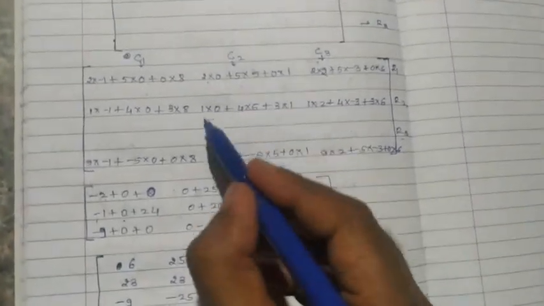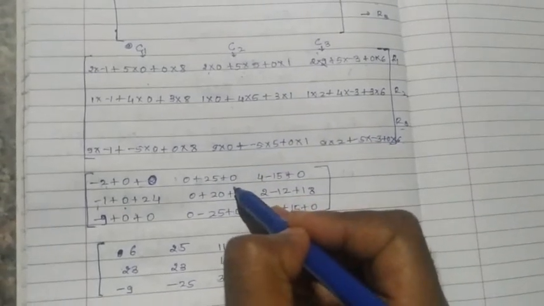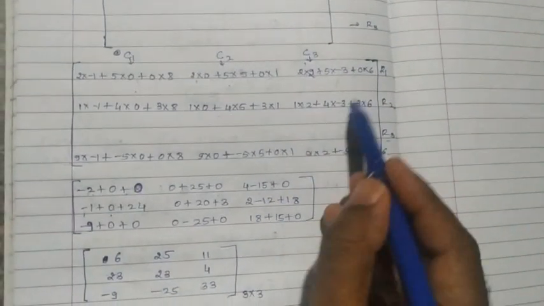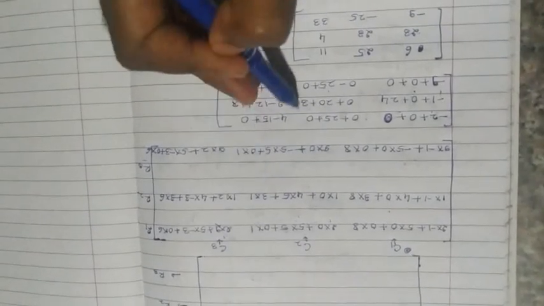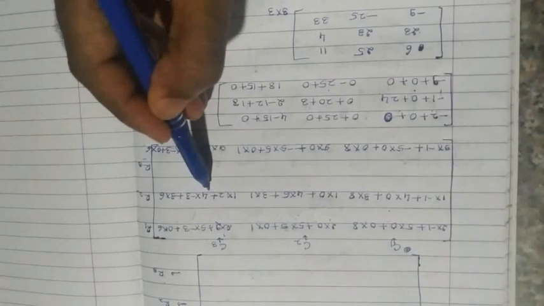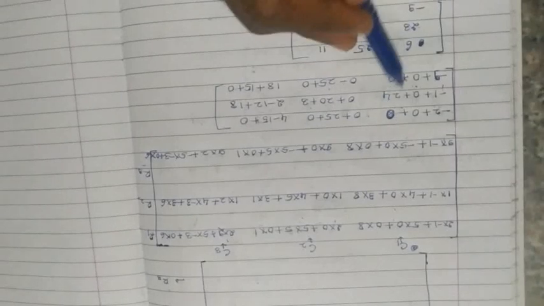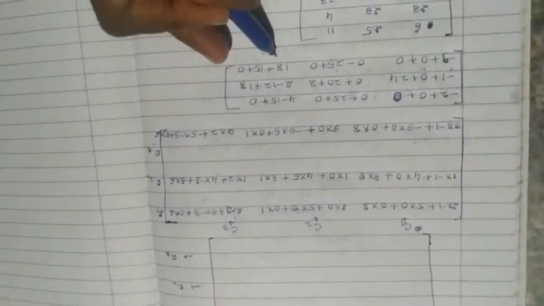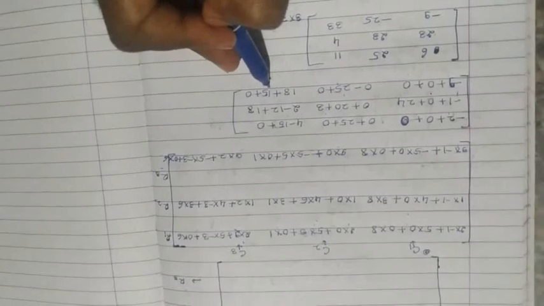I will make the correction there. 2 into 0 is 0, 5 into 5 is 25, 0 into 1 is 0, 2 into 2 is 4, 5 into minus 3 is minus 15, 0 into 6 is 0, 1 into 0 is 0, 5 into 4 is 20, 3 into 1 is 3, 2 into 1 is 2, 4 into minus 3 is minus 12, 5 into 0 is 0, 9 into 2 is 18, and minus 5 into minus 3 is plus 15.